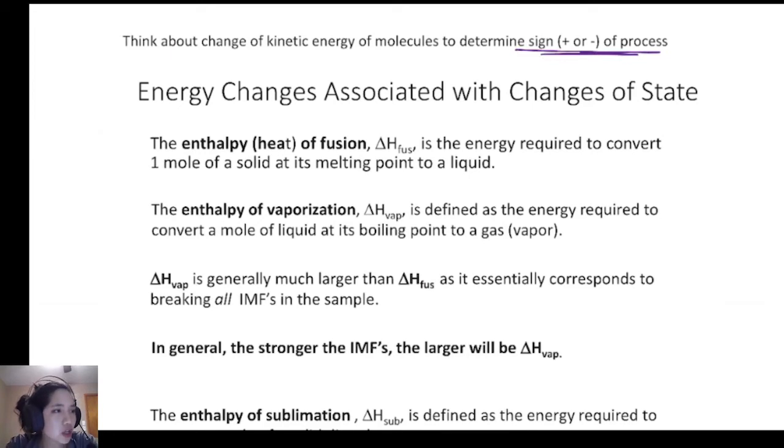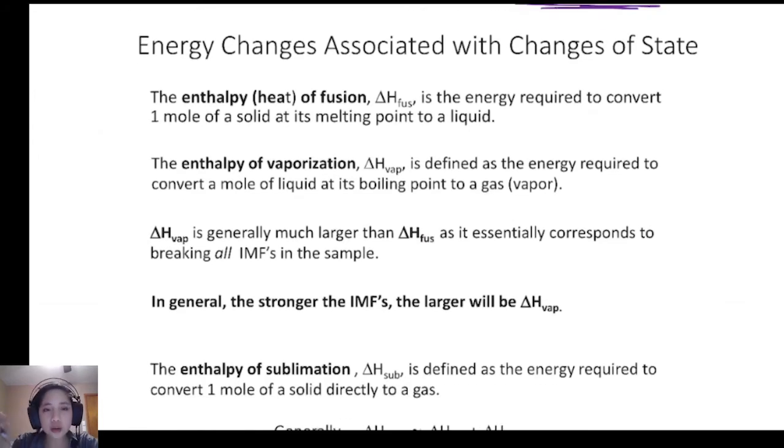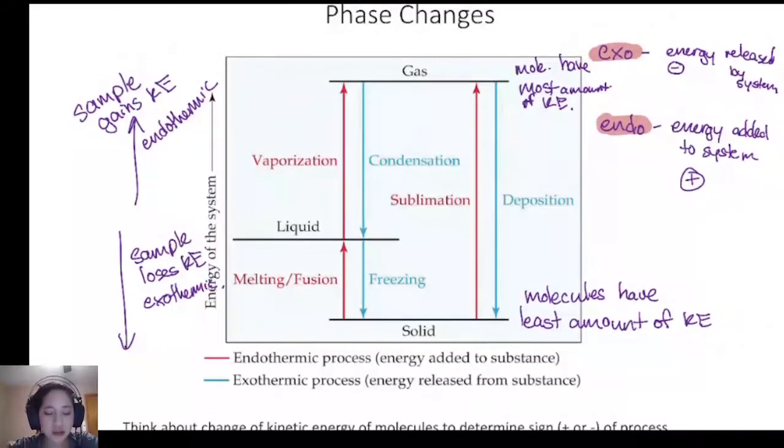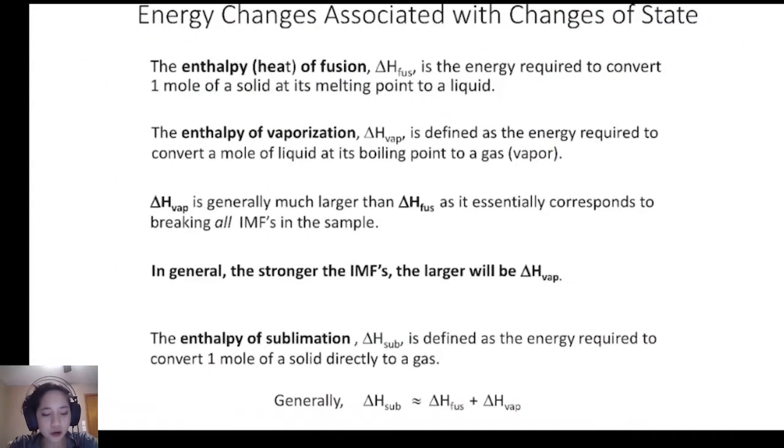Great. So all of those arrows have a name associated with them. It's really important because with all of these arrows, they are all the same value, but you have to come up with a sign. Heat of fusion is associated with the liquid and solid transition, so going from a liquid to a solid and a solid to a liquid.